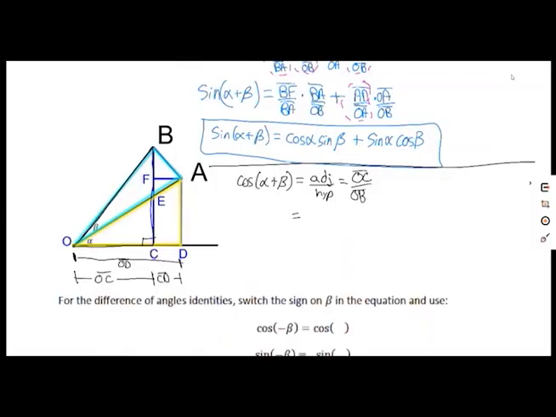We know that we want OC in there, but I can rewrite OC as OD minus CD. So I'm going to rewrite my OC as OD, it's still going to be over OB, minus CD. Okay, so then I'm going to do the same idea that we did before.